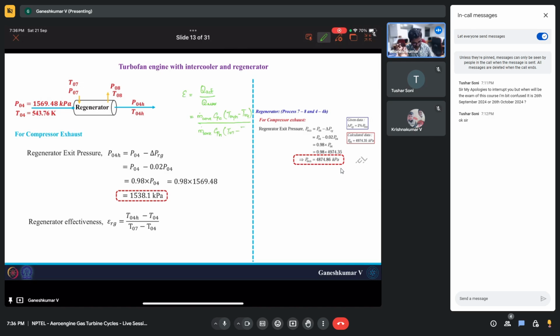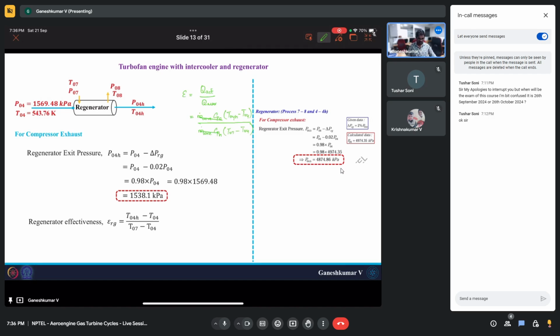So that's why you should write this as T04. Now m dot core and CPC are the same, so you cancel this out, and you end up having the regenerator effectiveness.